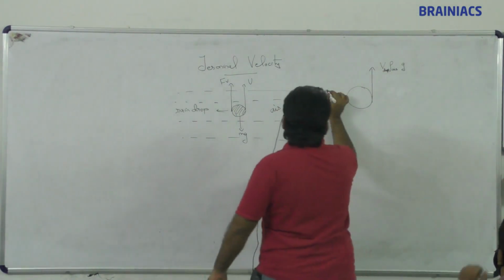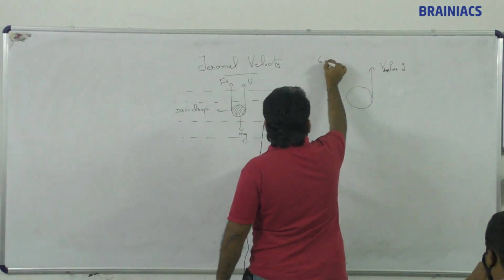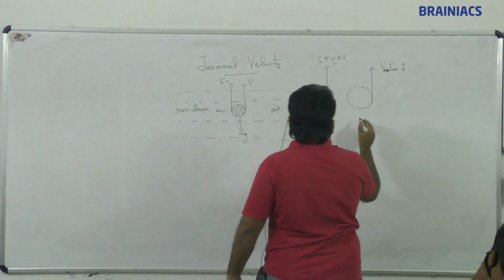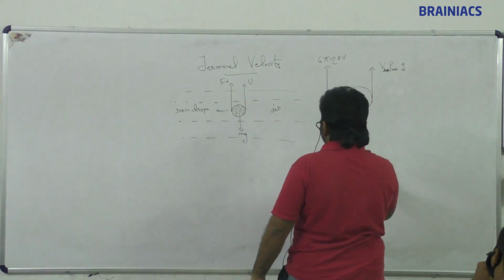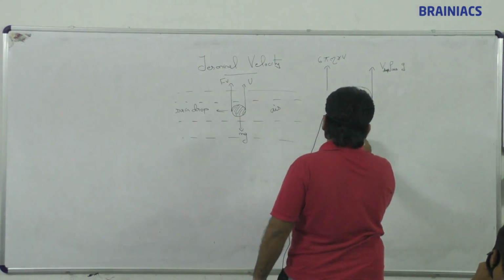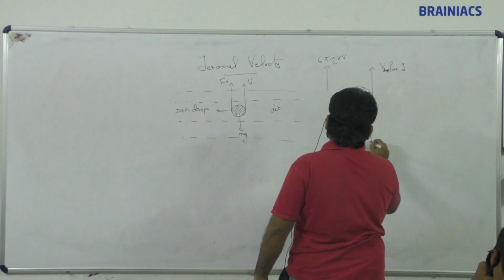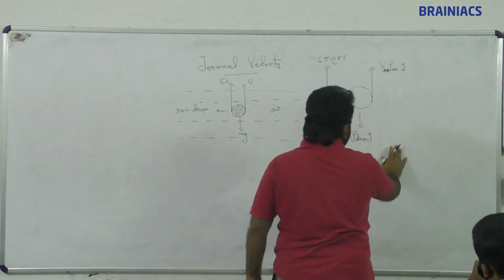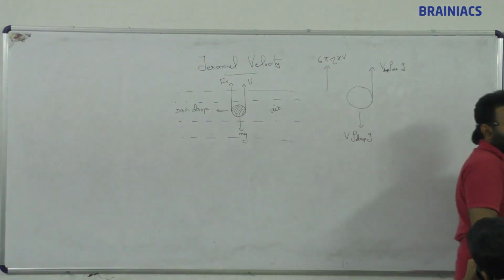And what is Fv? 6 pi eta r v. And mg is going to be V, density of the drop, V rho g, correct no? So that is mg.